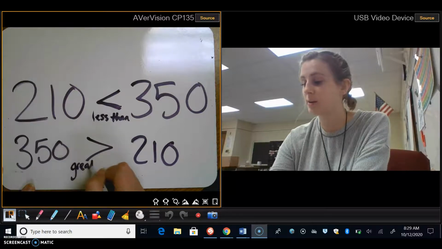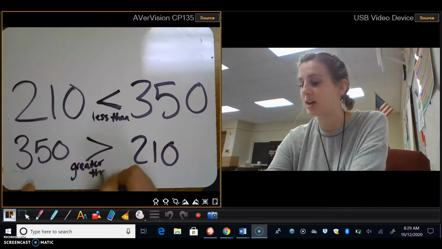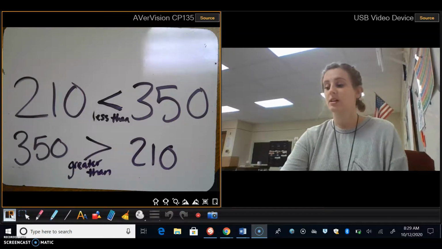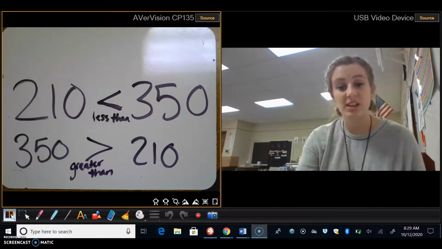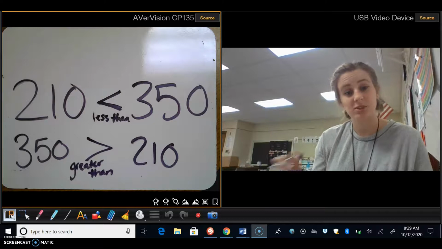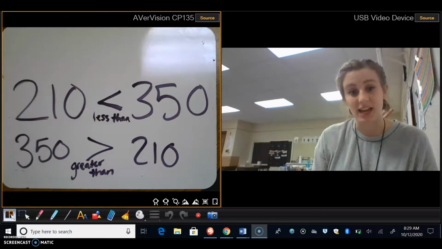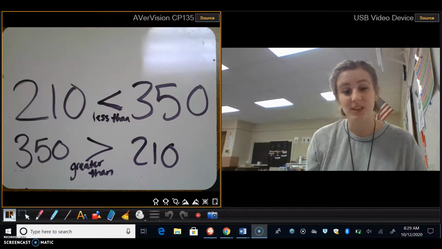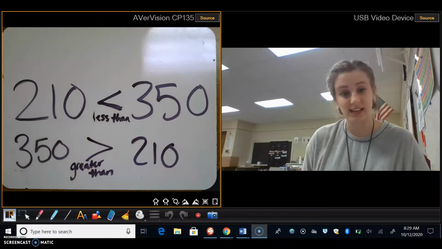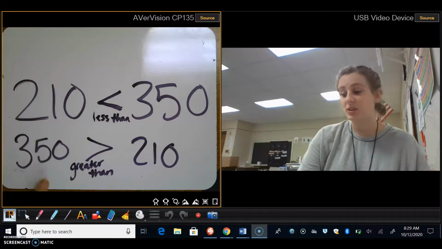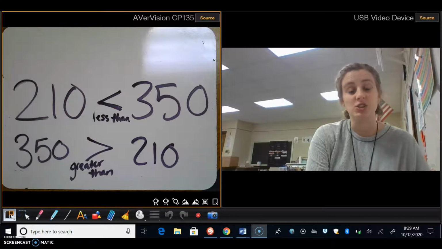So we always start by reading the number that's on the left. Okay? So are these the same? Do these equations equal the same thing? They do, right? Because 210 is less than 350, and 350 is greater than 210.